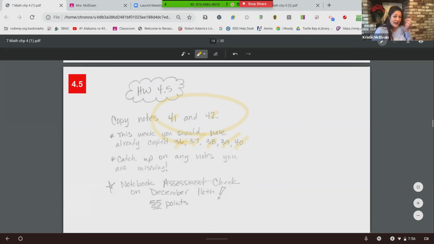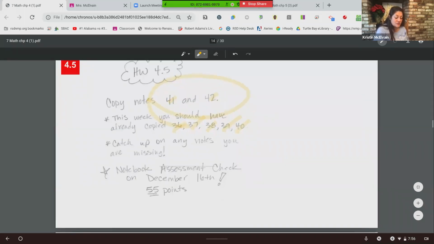Okay. So as of today, you should have all your notes from 1 to 42 completed, as well as the table of contents. All right, so right here it says we have a notebook assessment check on December 16th.